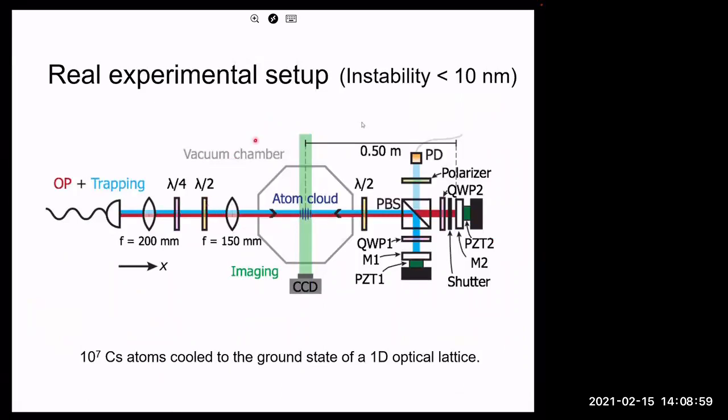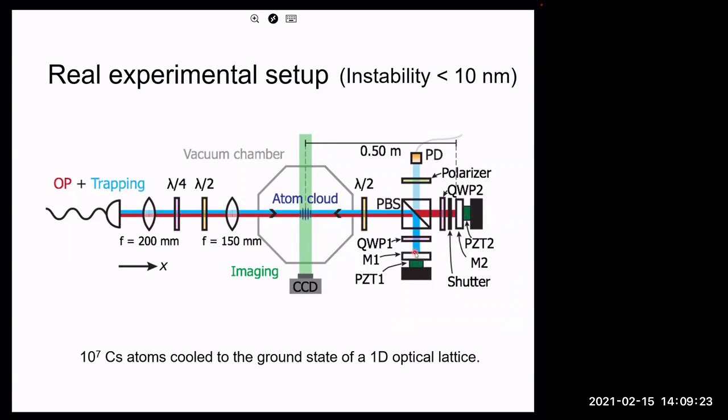complete diagram of the experimental setup, where the light that we use to trap and also use to pump the atoms. Okay, and then the piezo controls the two beams. The red beam will go through, and the piezo will control the position of the red beam, the boundary condition of the red beam, and the blue beam will be used to localize the atoms.